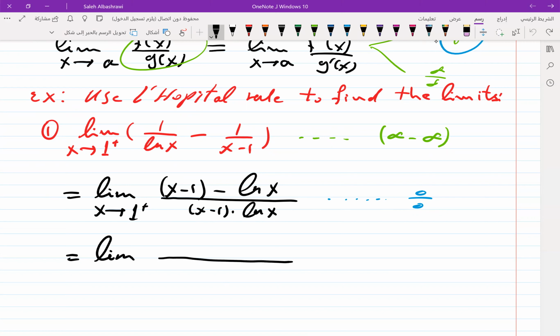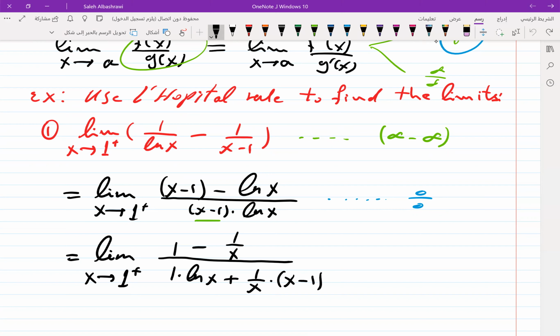Now the derivative of the numerator, I will have 1 minus the derivative of ln of x, which is 1 over x, divided by, this is a product rule, the derivative of the first one will give me 1. So it is 1 multiplied by ln of x plus 1 over x multiplied by x minus 1, as x goes to 1 plus.